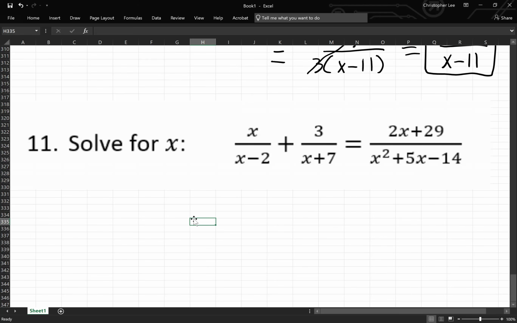So I actually want an answer for X, like solve for X. So X equals blah, blah, like that's the answer. Here's question 11.